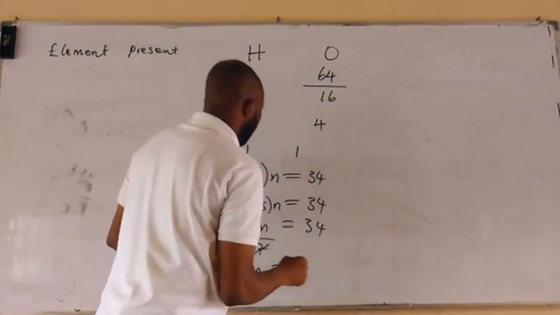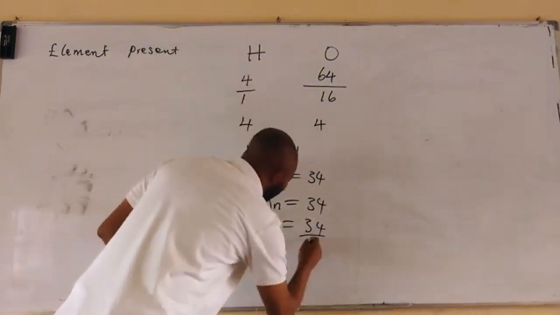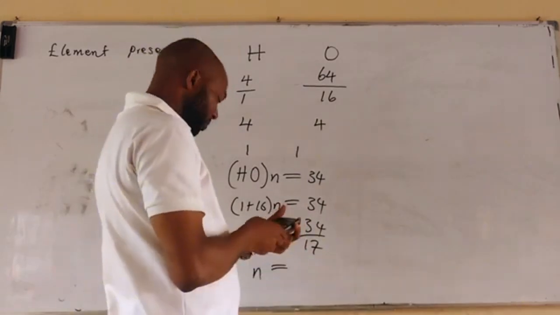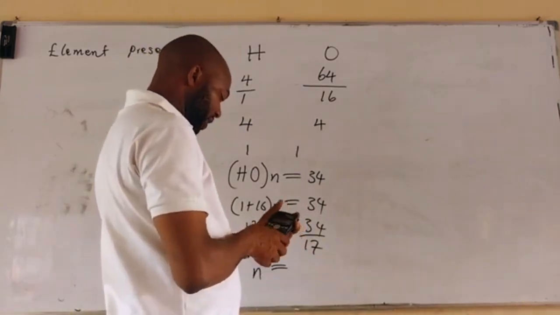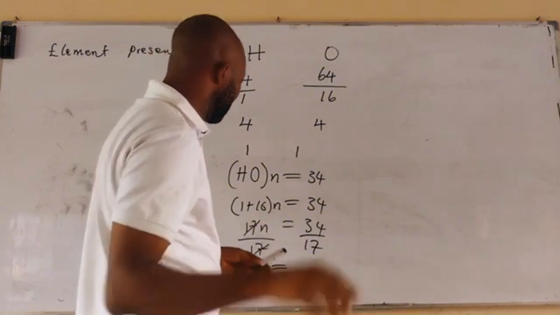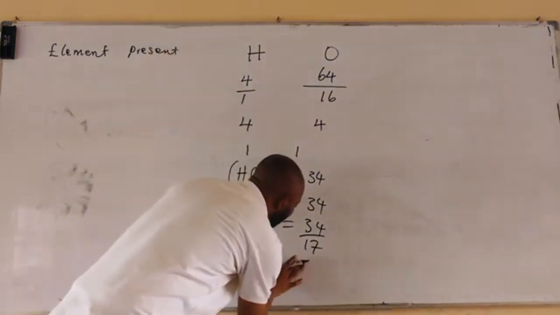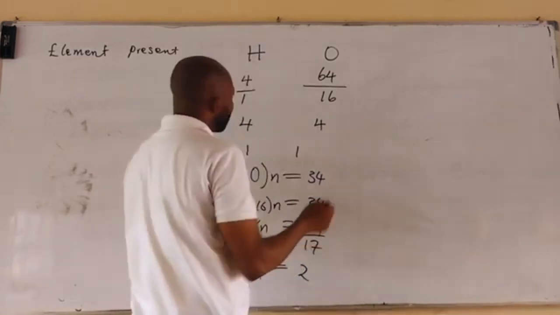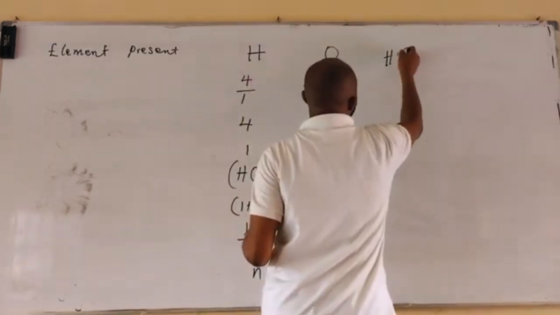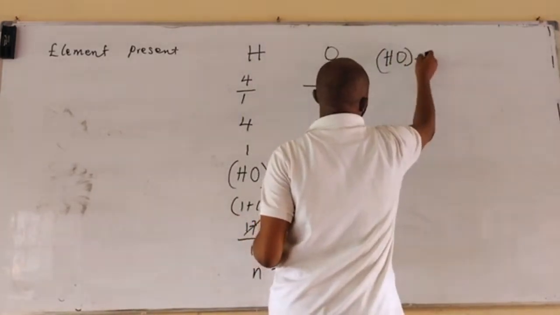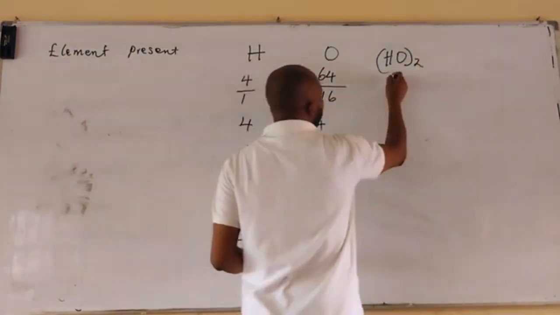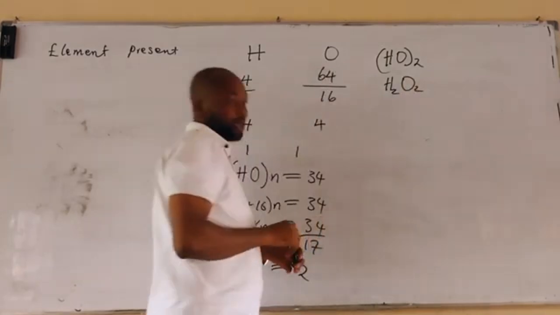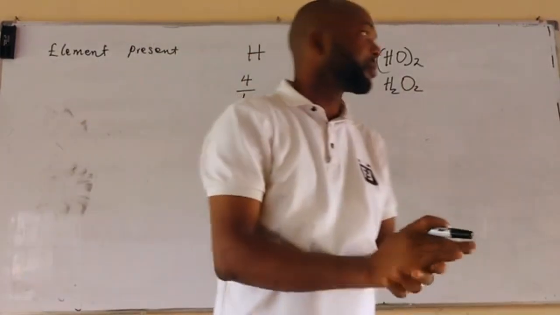So when I divide both sides by 17, 34 divided by 17 is equal to 2. So my n here is 2. So I have now hydrogen and oxygen, open bracket 2 outside. So this is H2O2. That is hydrogen peroxide.